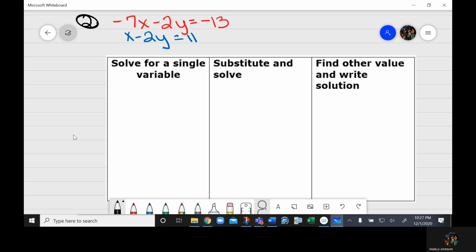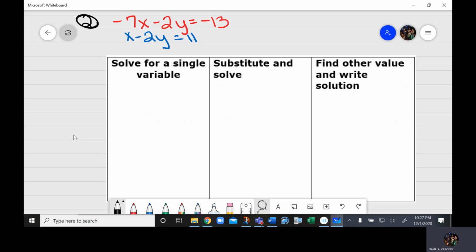Okay, so if I look at these two equations, negative 7x minus 2y equals 13. None of those numbers are multiples of each other or factors of each other if we go the other way. So that's not going to be very easy. I can get either x or y by itself, but I'm going to end up with fractions, and I really don't want to end up with fractions.